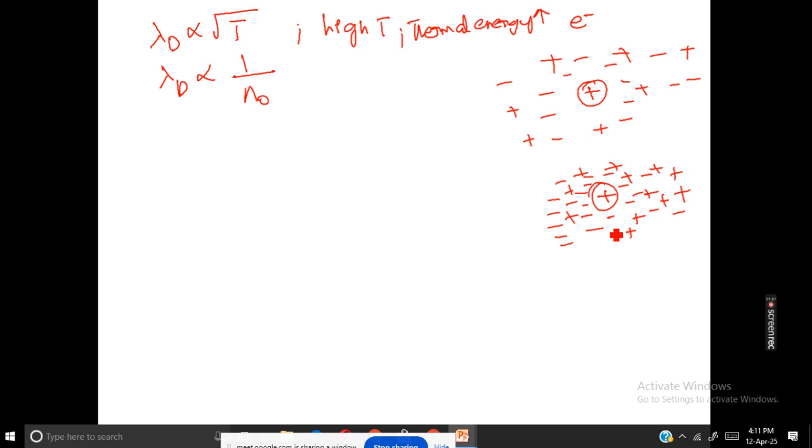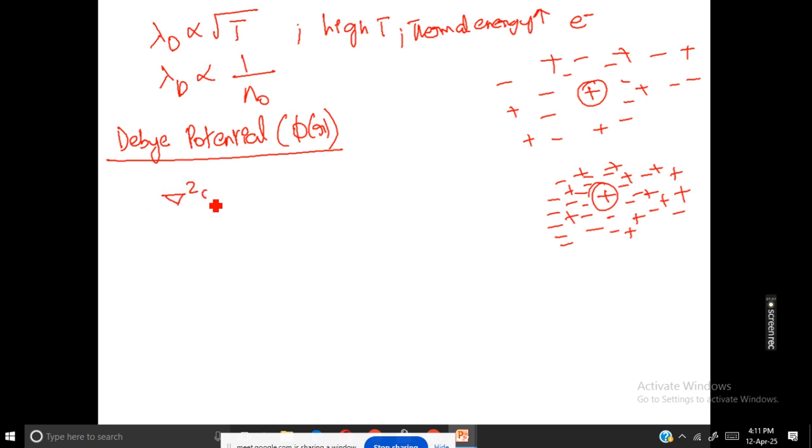So now we will look at another term, which is known as the Debye potential. The Debye potential is given as phi of r. What is the Debye potential?